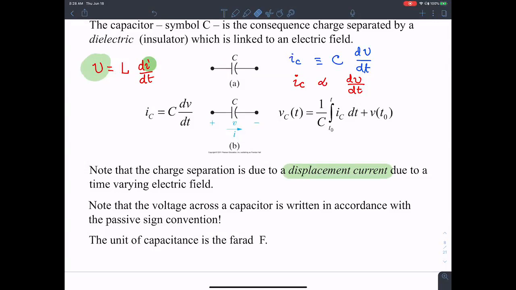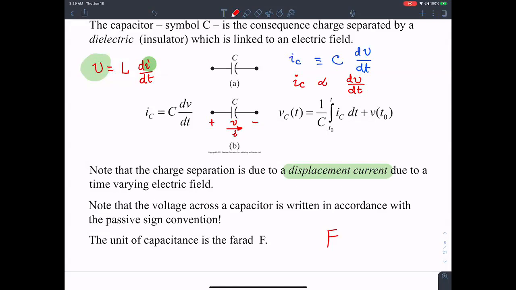Okay, so here is the voltage sign and the direction for the current in accordance with the passive sign convention. Okay, the unit of capacitance is farad, F.